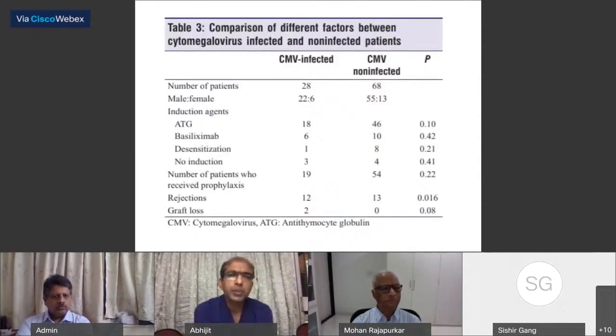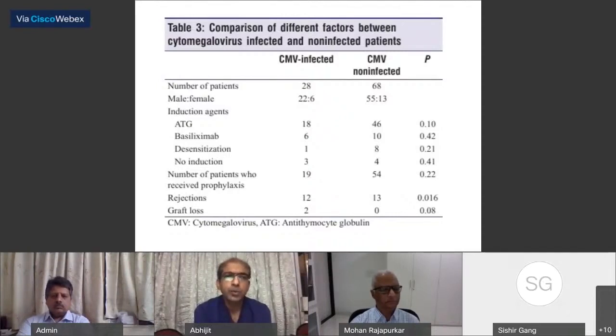Between the patients who developed CMV infections and patients who did not develop CMV infections, there was no serious male-female preponderance. As one can see, even amongst the ATG group, where we expected patients to have more CMV infections, a large proportion actually remained CMV non-infected.